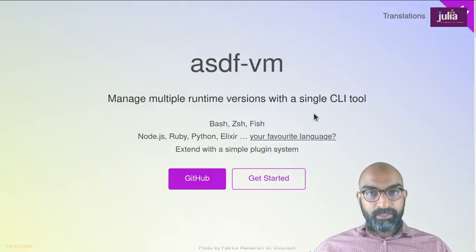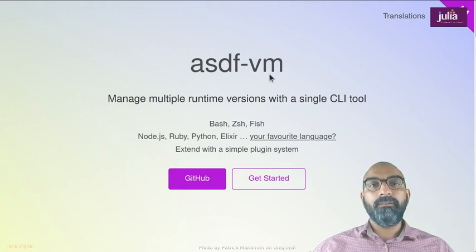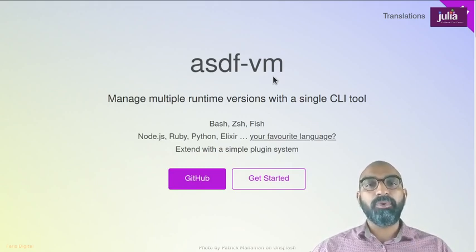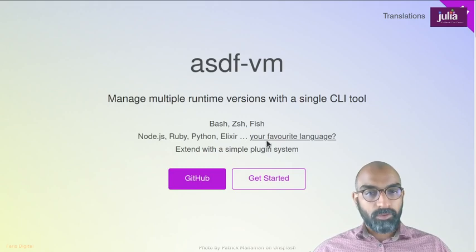ASDF, here's the website. ASDF version management. It's a tool to manage versions of different programming languages, and they have a plugin for Julia. So let's see how it works.